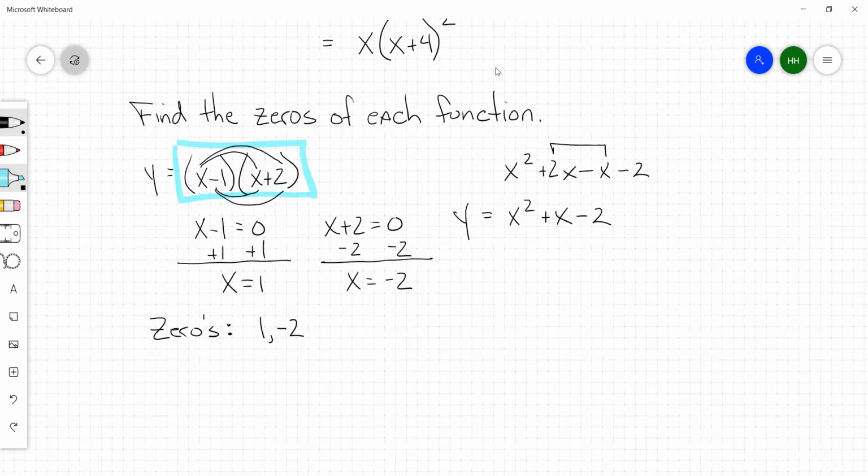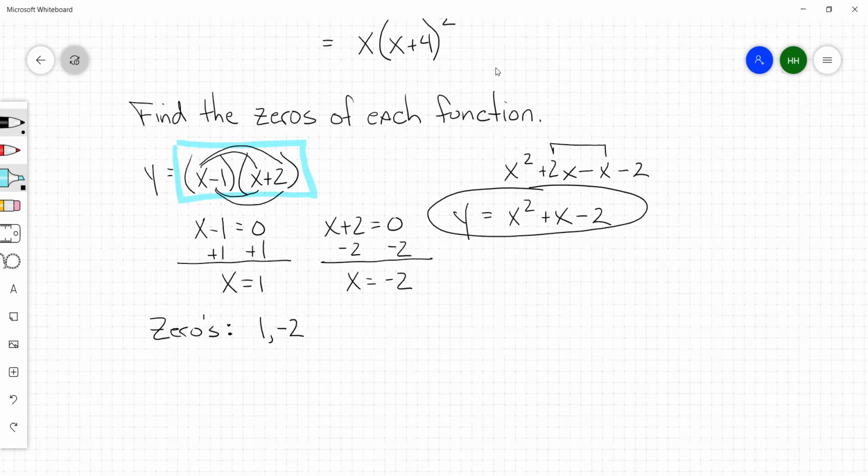These zeros of 1 and negative 2 came from the factors x minus 1 and x plus 2. And x minus 1 times x plus 2 came from this quadratic function right here, because x minus 1 times x plus 2 is equal to x squared plus x minus 2. I'm hoping that makes a little bit of sense to you.